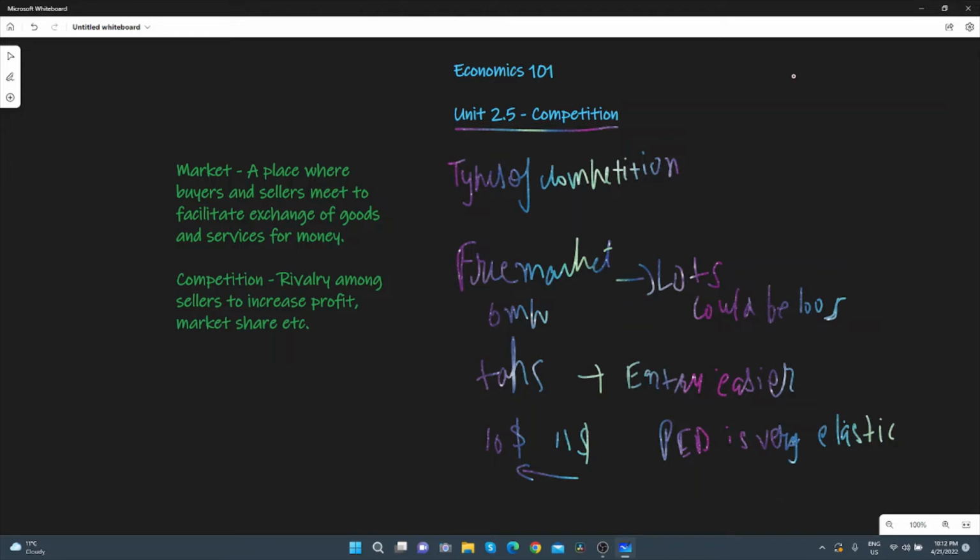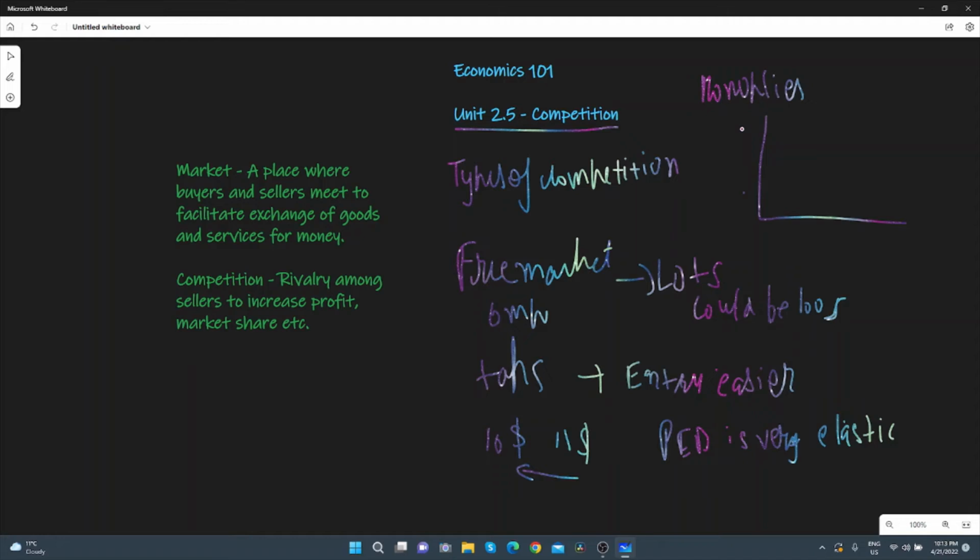One key thing about monopoly is that monopolies can lower their cost. Monopolies can lower their cost very easily with something called economies of scale. Often if you buy a product in bulk, you get a cheaper price, right?